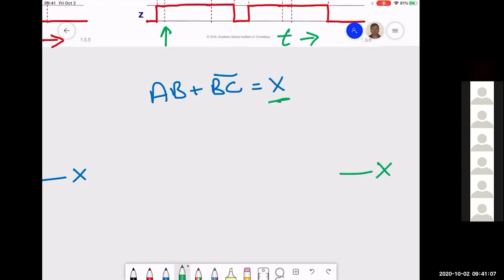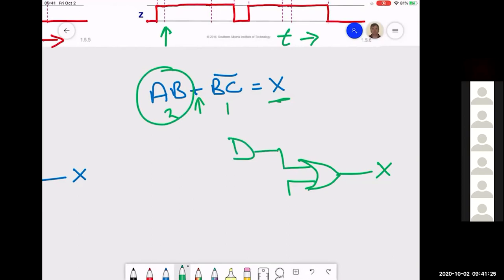There's a logical break: it's an OR gate. The OR gate has two inputs. One of those inputs, we'll start with this one, is simply an AND with two inputs, A and B.